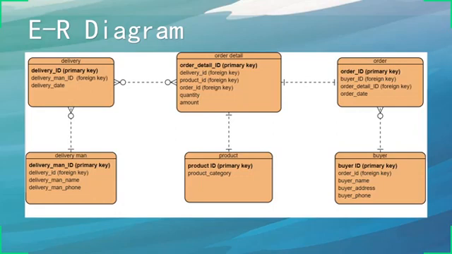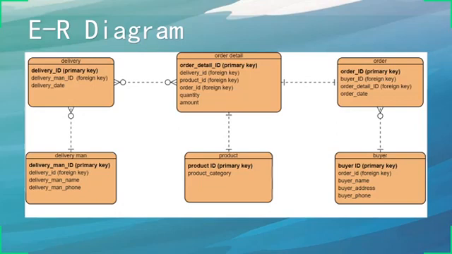In addition, the delivery table also has a many-to-many relationship with the order detail table. Many deliveries have many order details, and an order detail can only correspond to one order on the right side.